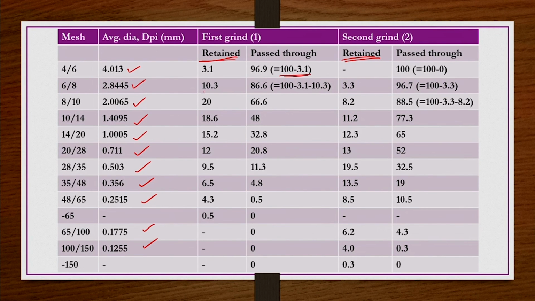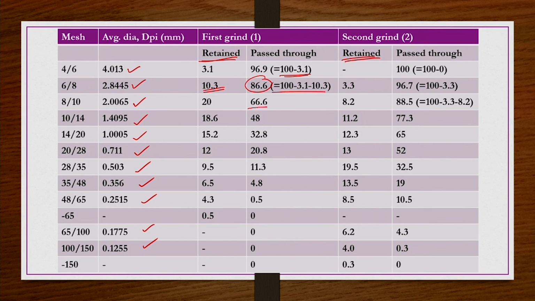Similarly, in the second case 10.3, that means 3.1 plus 10.3 is the amount of material retained on the 4 and 6 screens, and the rest all passed through, that is 100 minus 3.1 minus 10.3, that is 86.6% of material passed through mesh 6, like that.